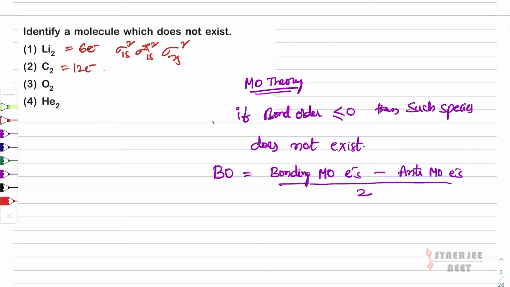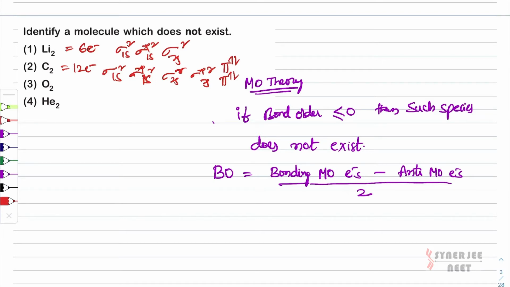So let's fill those electrons. Sigma 1s2, sigma star 1s2, sigma 2s2, sigma star 2s2. Up to here 8 electrons are over. Next after that pi will come: 8, 9, 10, 11, 12. So that is C2.